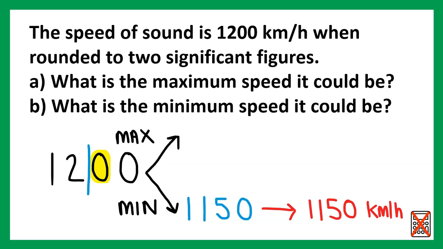The maximum value rounded to give me 1,200 must have been rounded down. When rounding down, the number before the rounding line stays the same, so 2, and the number after the rounding line would need to be the largest number that wasn't 5 or more, so 4, and I want to use all of the largest digits possible for the remaining placeholders, so 9 for the next one.